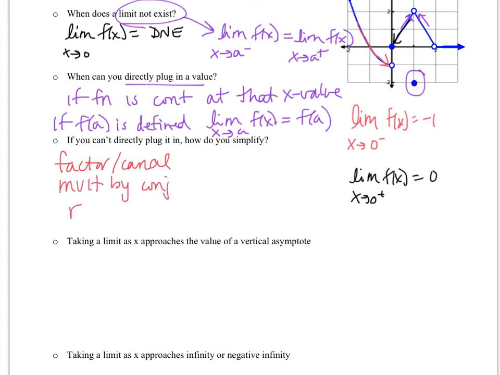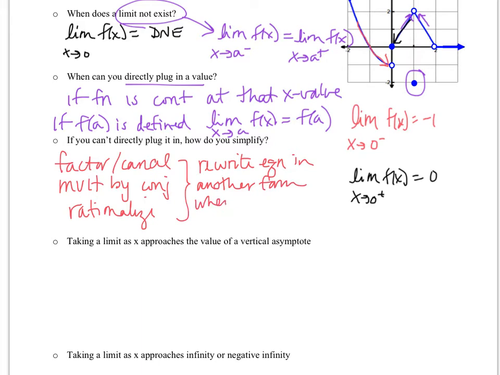And then lastly, we talked about how I could rationalize. Now, all of these methods are done to basically allow us to rewrite the equation in another form where I can now plug in a given x value.